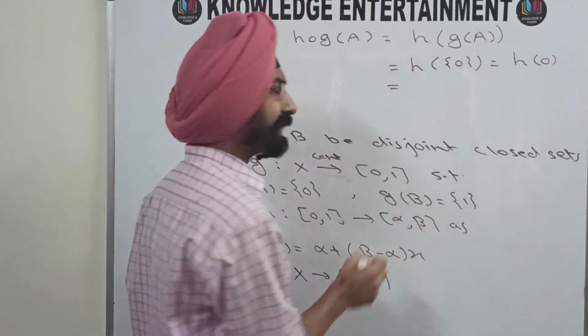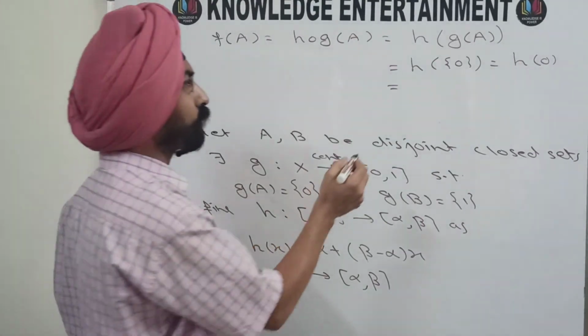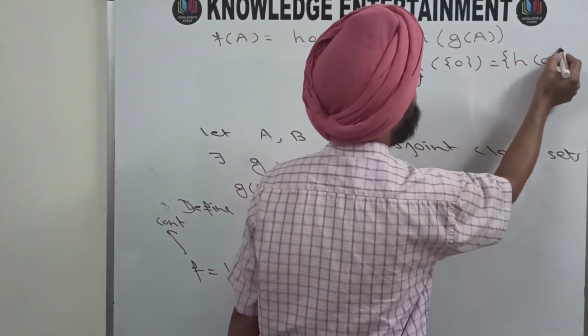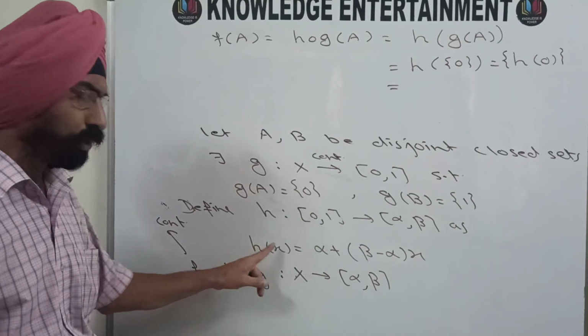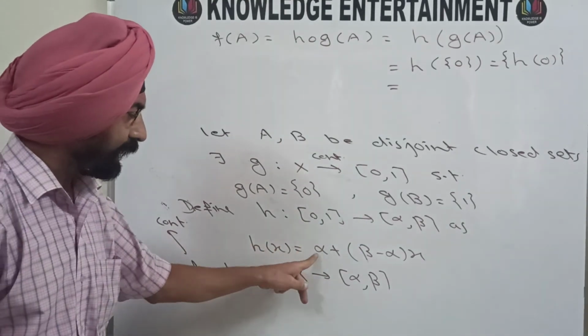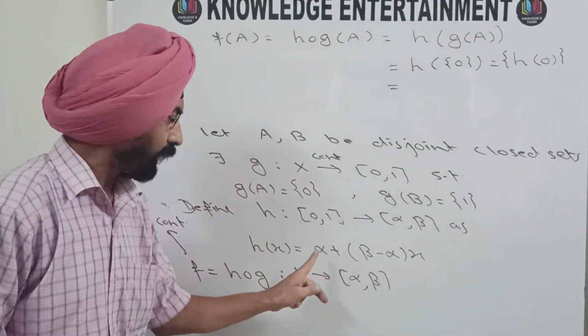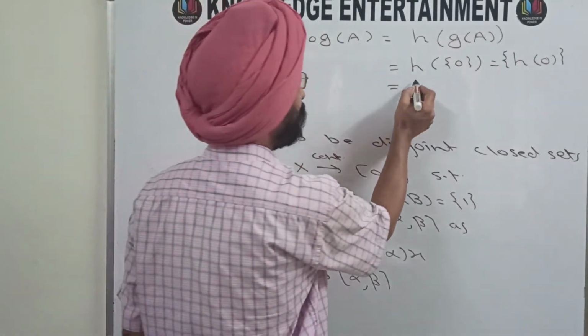And what is h of 0 now? h of 0 is alpha plus 0, so it is alpha.